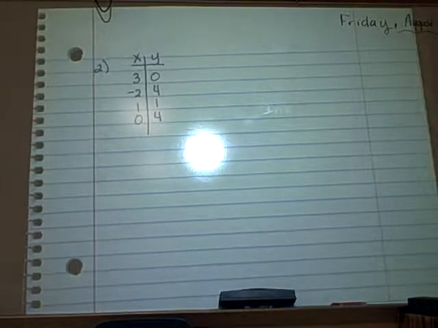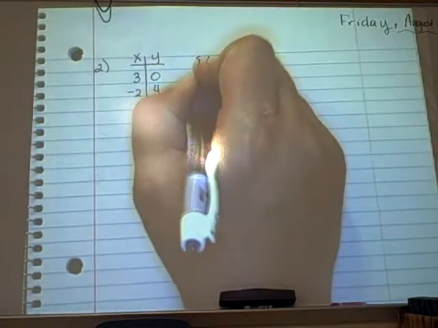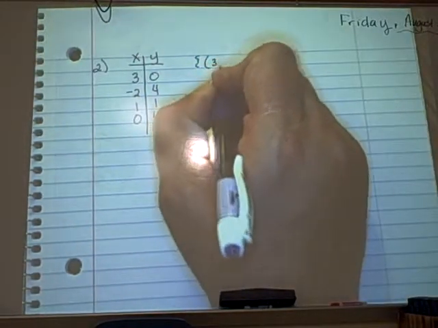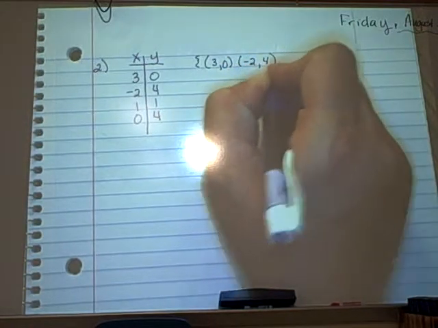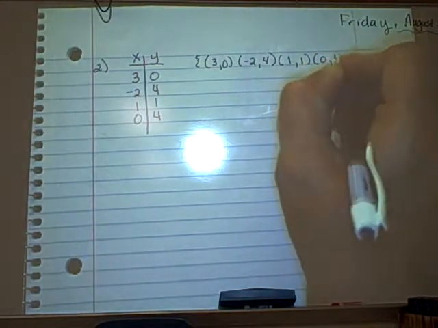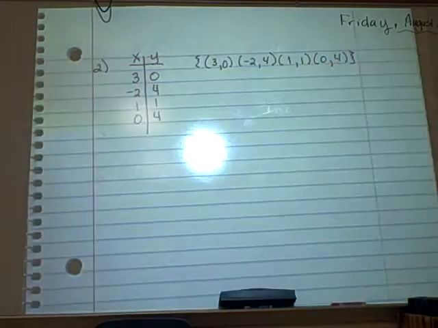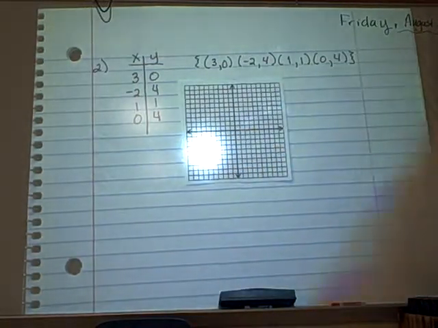I have 4 ways. So I did the table already. What else do I need? A list of points. Okay, so let's do a list of points. So you do a little squiggly. So the first point is 3, 0. Then -2, 4, then 1, 1, and 0, 4. So there's my list. We know we're going to need a graph, right?